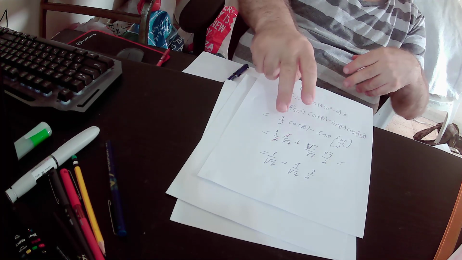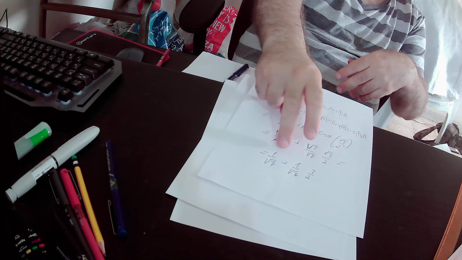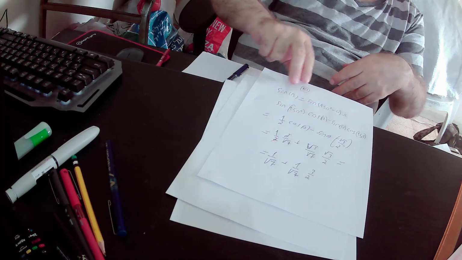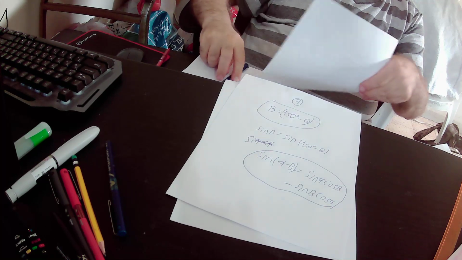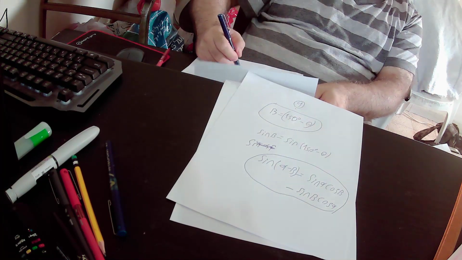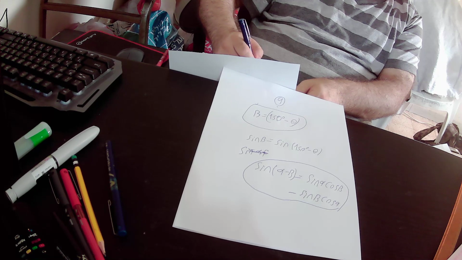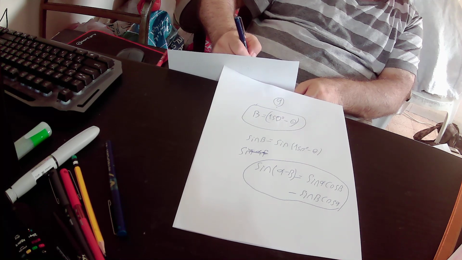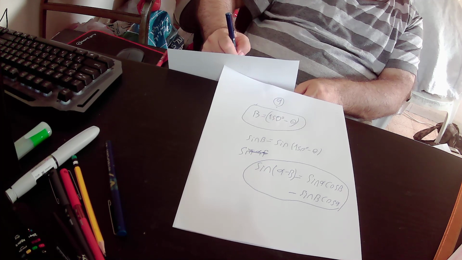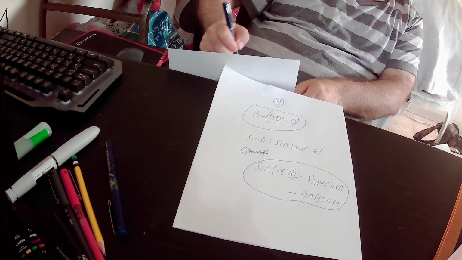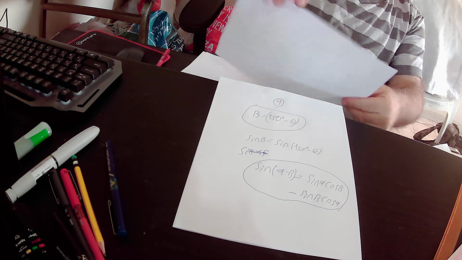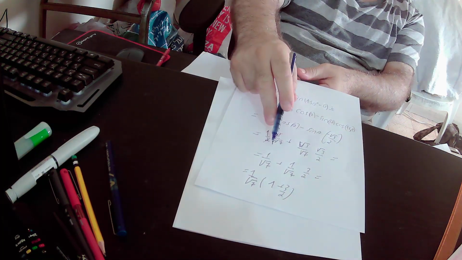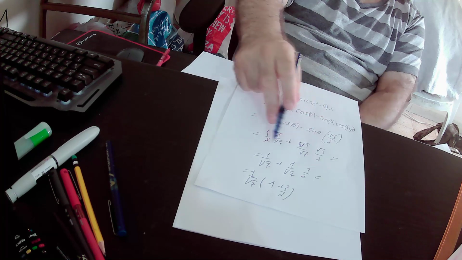We can take a common factor of 1/root of 7 out of this expression, and we will get that 1/root of 7 is the common factor. Inside the brackets we will have 1 plus 3/2.